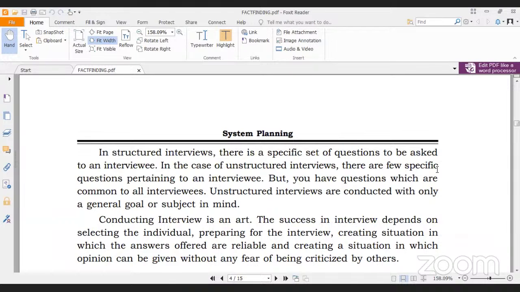Conducting interviews is an art, I told, because it depends purely upon the interpersonal skills of the interviewer. It also depends upon the experience, expertise, and the ability to voice the stakeholders during the interview so that the stakeholders will feel free to share their real facts.